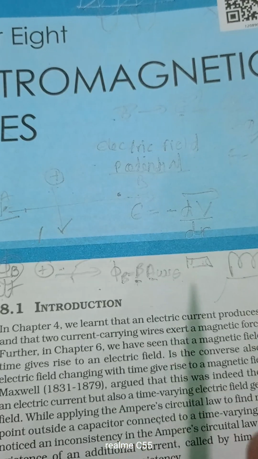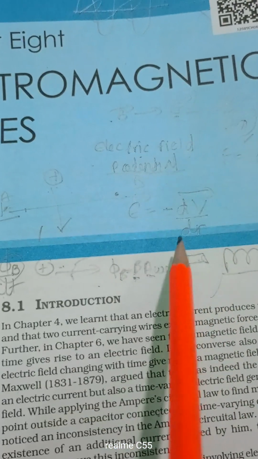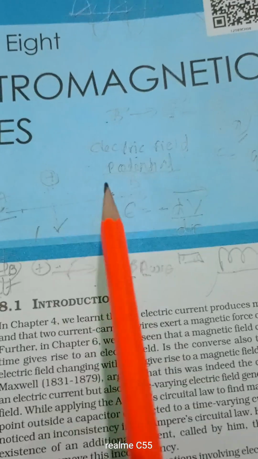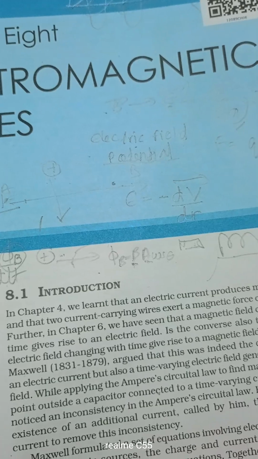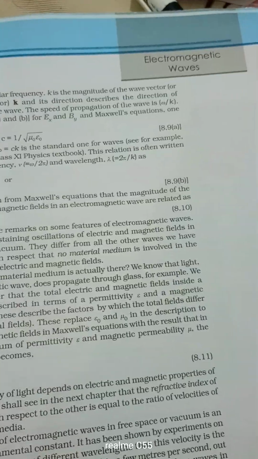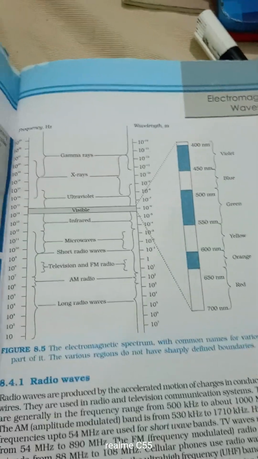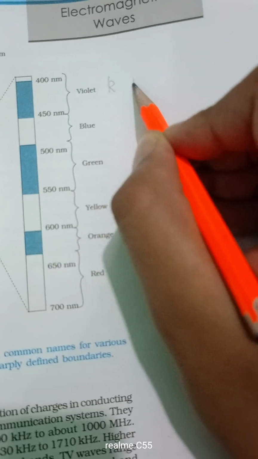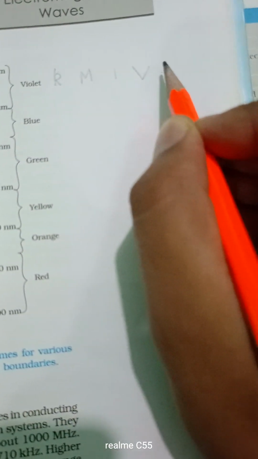The chapter is divided into two parts. The first is about the anomaly in Ampere's circuital law, which was removed by Maxwell through displacement current. The second part is pretty easy actually, because it is just about the facts of the different electromagnetic waves. I told you the acronym for learning this, that is, rich man in Venice uses extra gold.